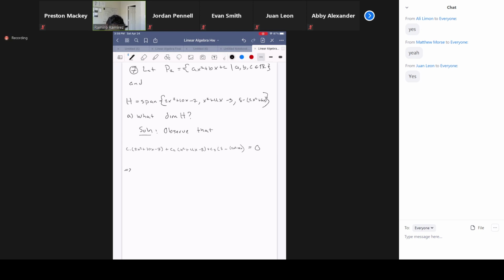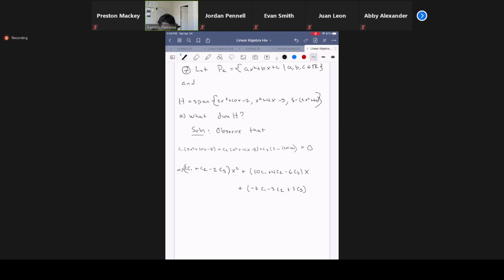Okay, so we'll get C1 plus C2 minus 2C3, all of this times x squared, plus 10C1 plus 4C2 minus 6C3 times x, plus, and then finally, minus 7C1 minus 3C2 plus 5C3, is equal to 0, and this all is equal.